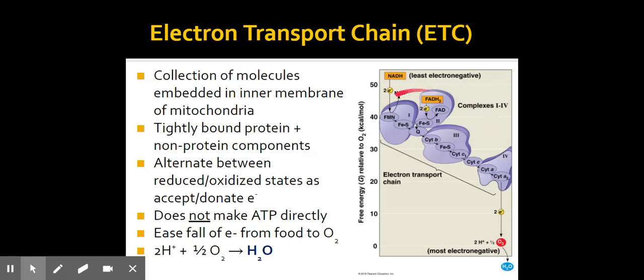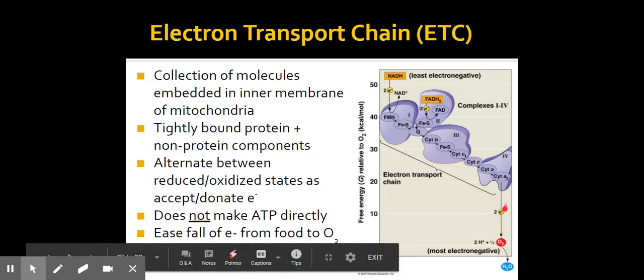So during the electron transport chain, we actually don't have any ATP that's being made. We're just processing some of those electrons so that we can support the fall of the electrons through this chain. So again, it's not one big explosion, right?